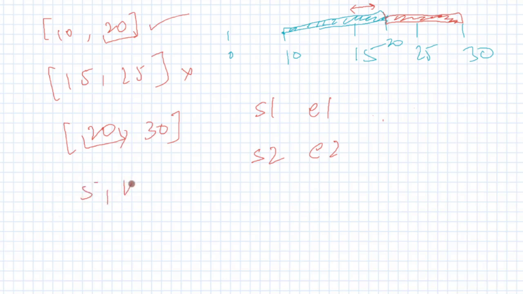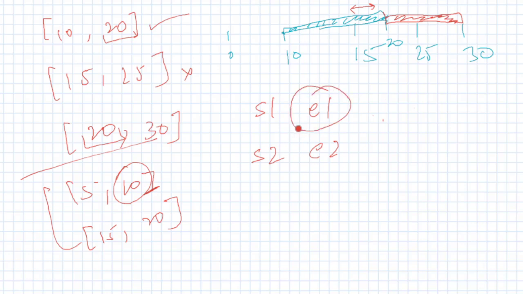Let's see, we have one more: 5, 10, 15, 20. In this, obviously no collision would be there between these two. How is this possible? The ending point, that's E1, is always less than or equal to the starting point of the second, S2. That's your basic concept.